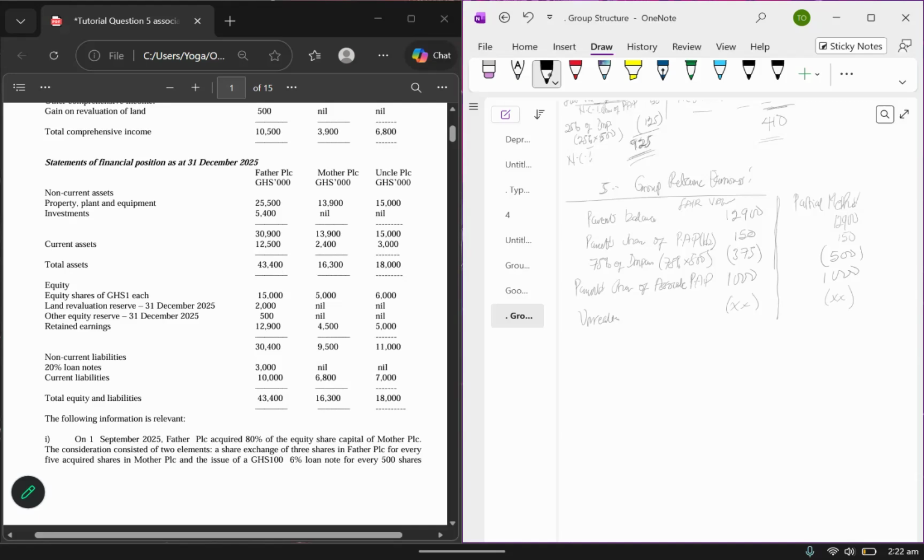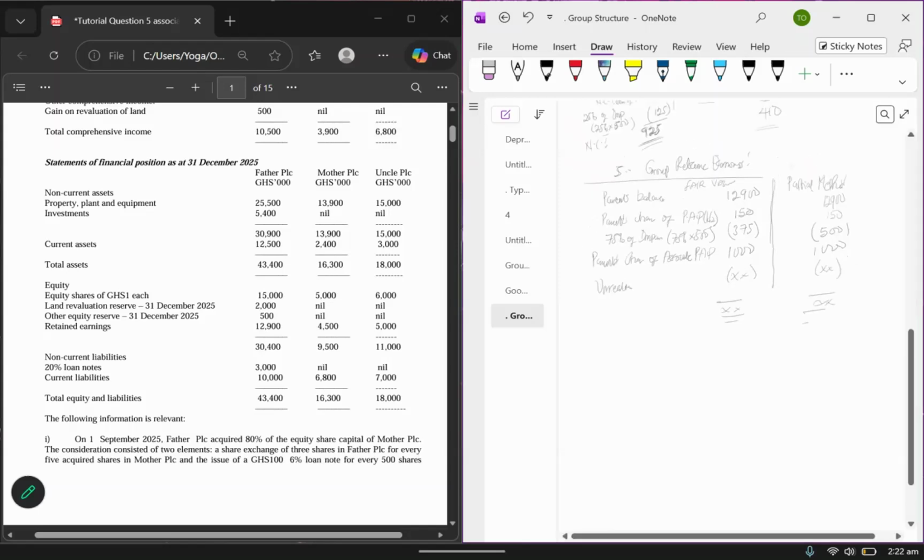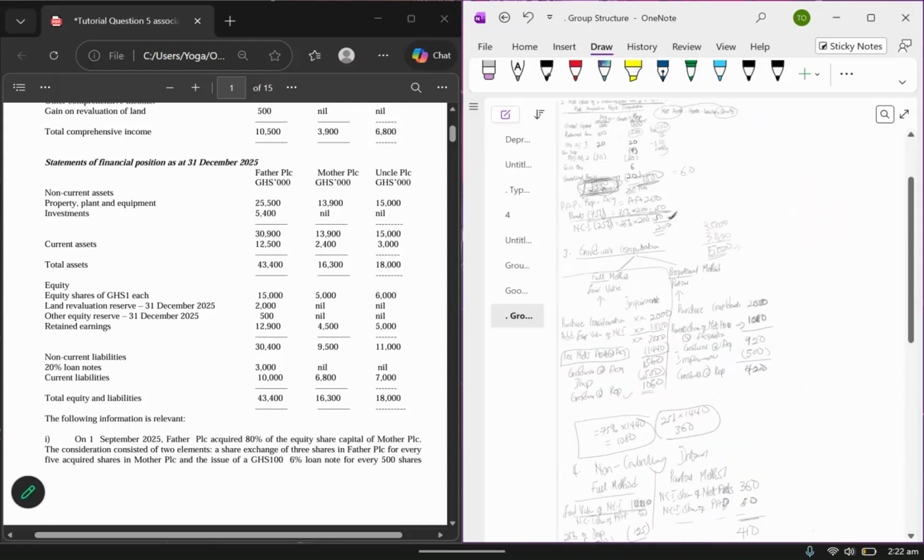If there's anything that we are supposed to add and we come across it, I will talk about that. Okay. So I think these are the 5 basic workings. But then with some of the questions, if you are preparing only the statement of profit or loss, there will not be a need for you to prepare all these 5 basic workings.